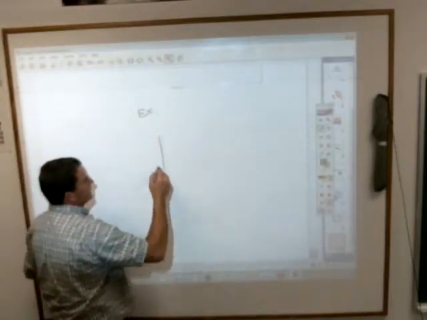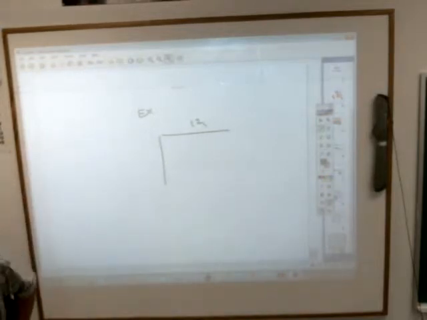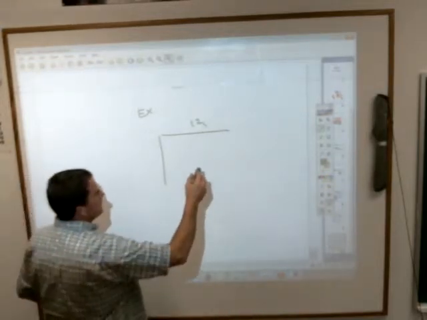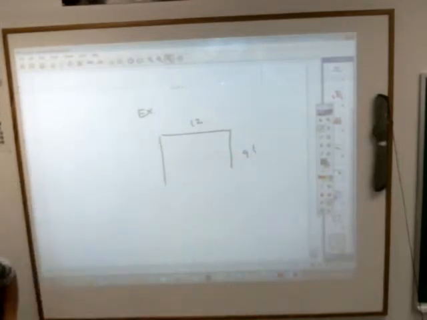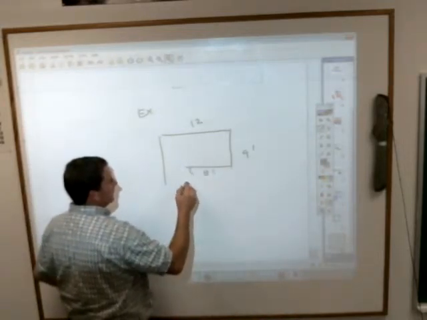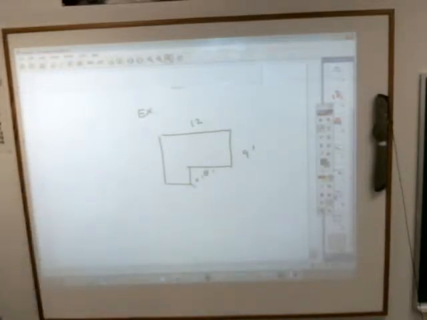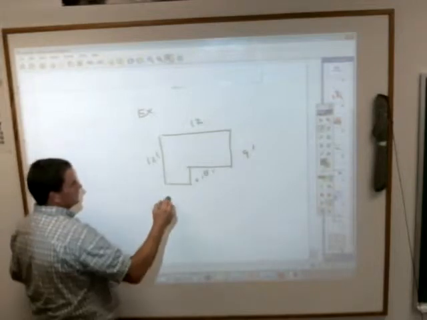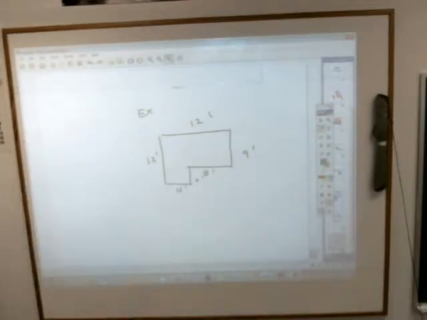Let's say you've got a room that is 12 feet by 9 feet by 8 feet by 3 feet by 4 feet by 12 feet. Okay, they don't go easy on you, they make it a little bit difficult.